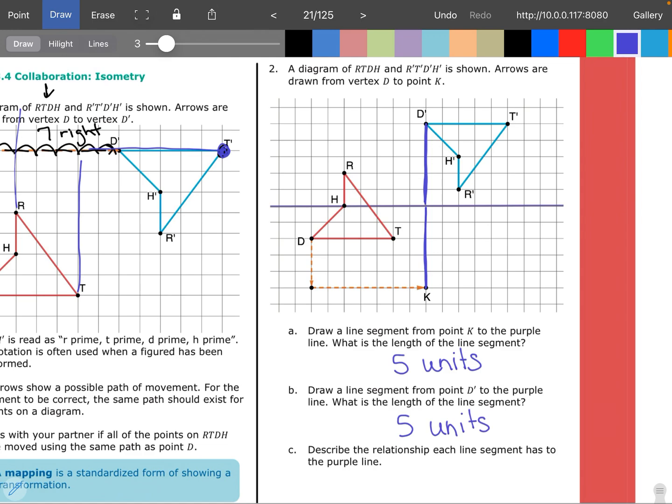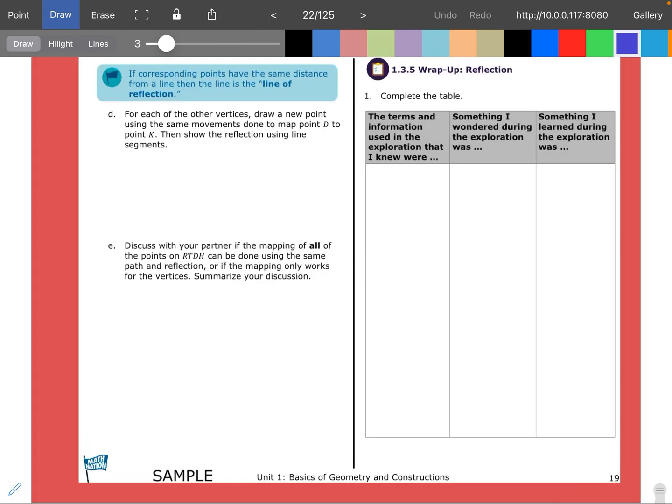So let's describe the relationship between the two. Well, both of those purple line segments are perpendicular to this purple line. Okay, so they're both perpendicular, and they are also the same distance away from the purple line. This is 5 units, this is 5 units. So it is equidistant, which brings us to our definition on the following page.